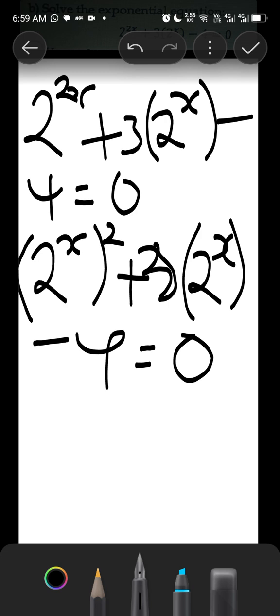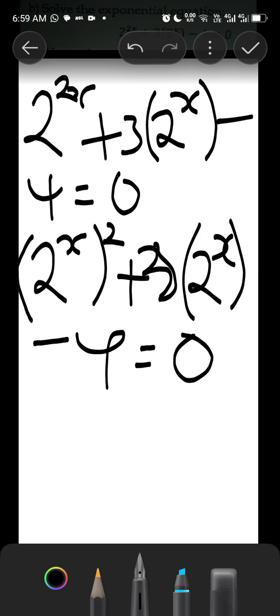So after doing this, according to the principles of exponentials, when you have two similar exponentials, you can introduce a variable of your choice. What do I mean by a variable? You can introduce a letter of your choice.